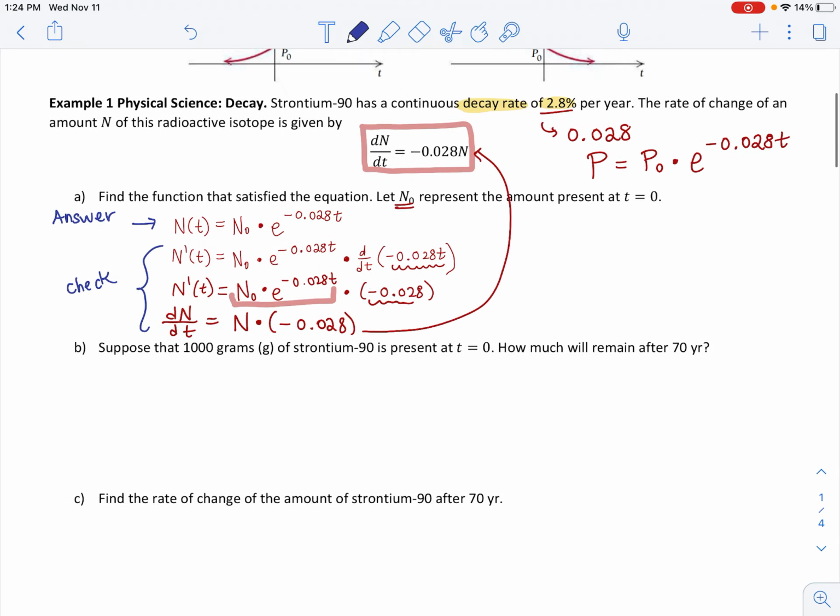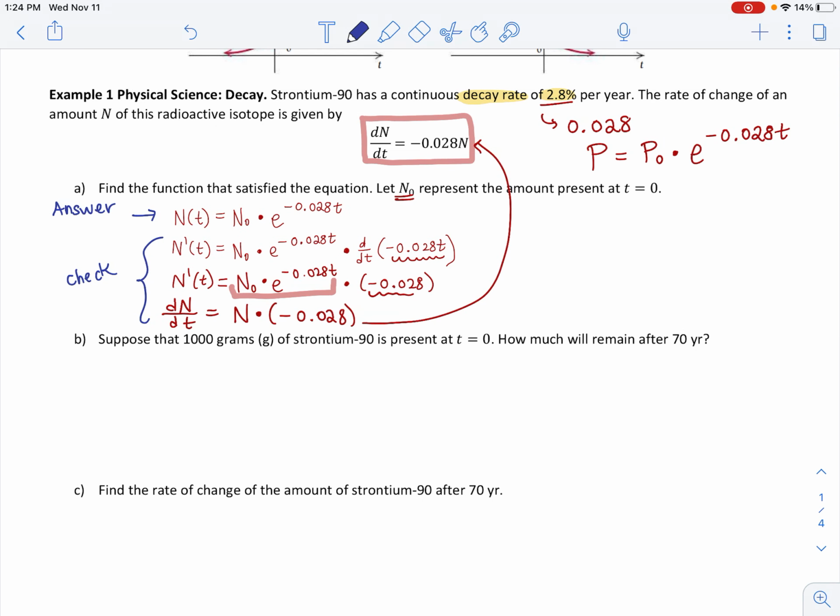We're gonna use either that function that we just wrote or the given function to answer some questions. Suppose 1,000 grams, so they are saying n naught is equal to 1,000, of strontium 90 is present at t equals 0. How much will remain after 70 years?